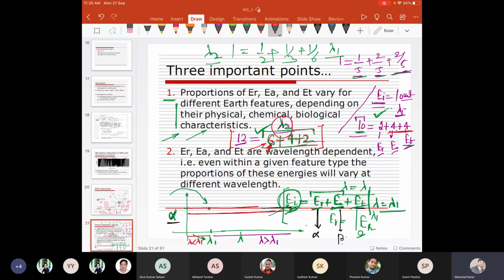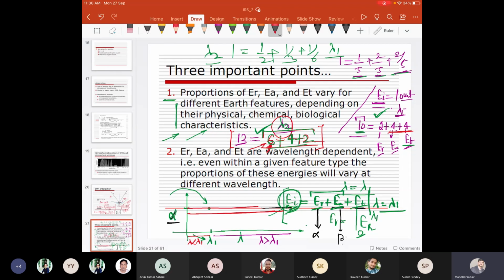Who will tell me whether the step signal which I am drawing, the alpha variation, is constant at all the wavelengths? Is it correct? No, sir. The material will change, so alpha will vary, sir. Good. I actually wanted to listen to this response from your side.